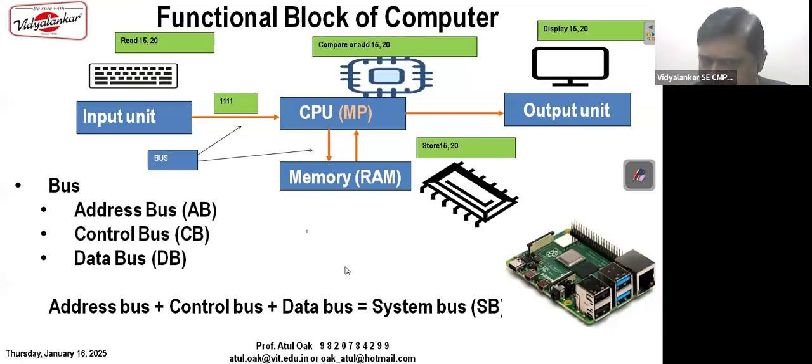In the exam, you might get a question with a very low probability: what is a bus and what are the different types of buses? We should map with the exam also. The probability is around 5% in your final exam.